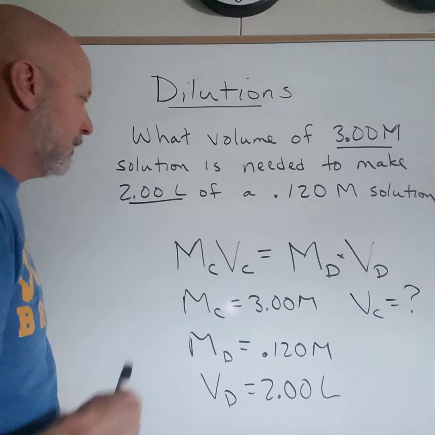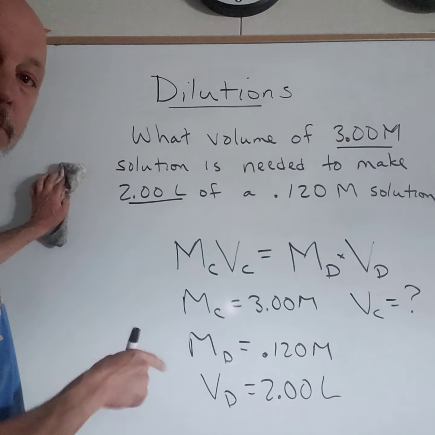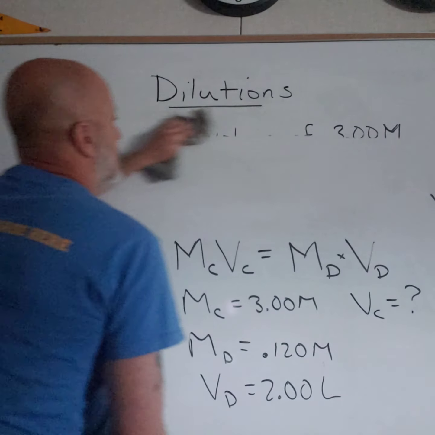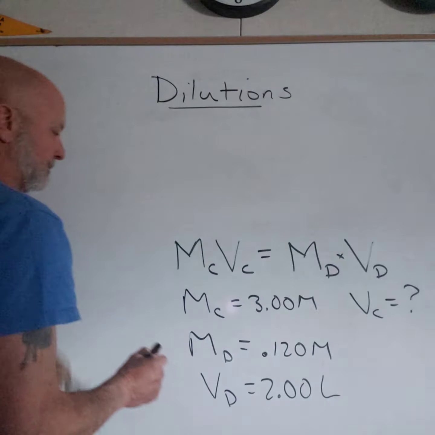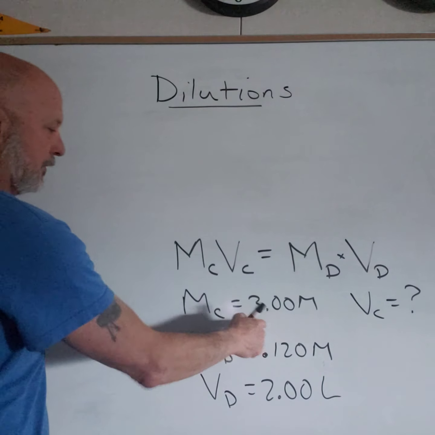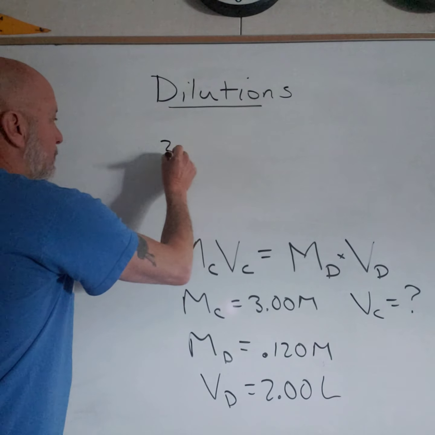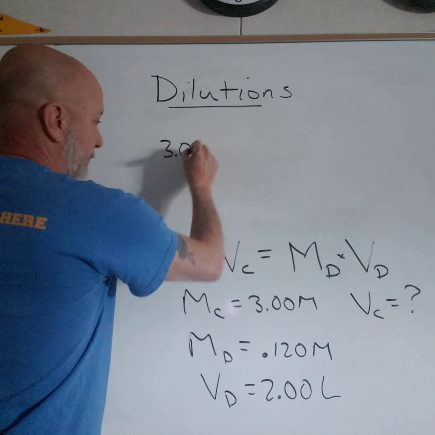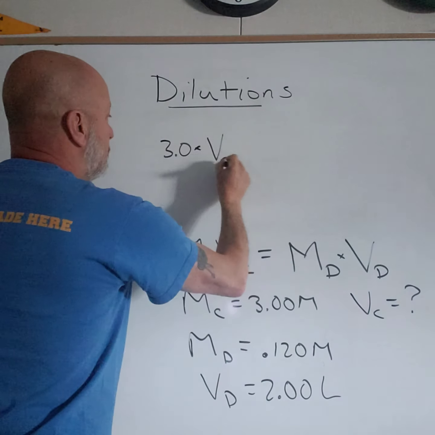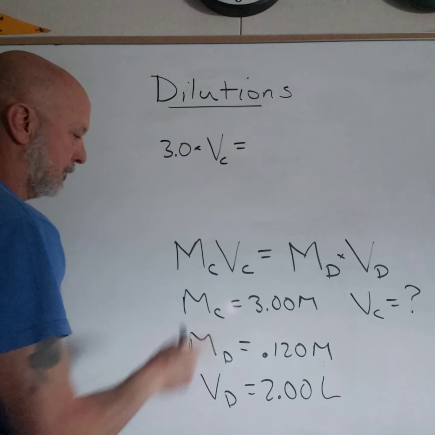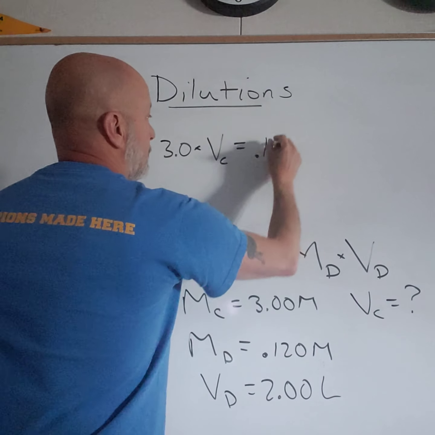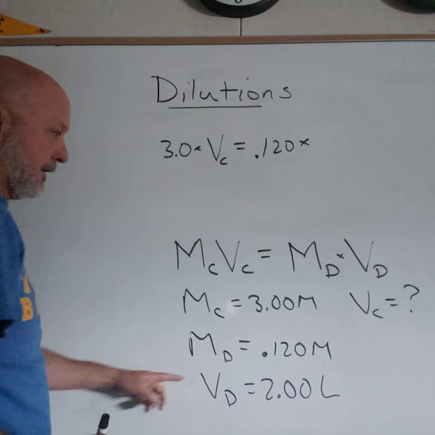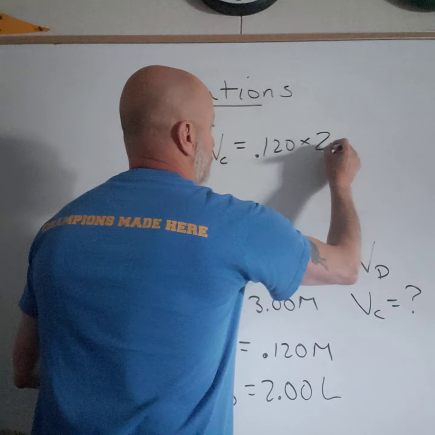So let's plug in now. I'm going to erase this problem, plug those numbers in, and solve. Molarity of the concentrate is 3.00, times volume of concentrate, that's my unknown, equals molarity diluted, 0.120, times volume of diluted, 2.00.